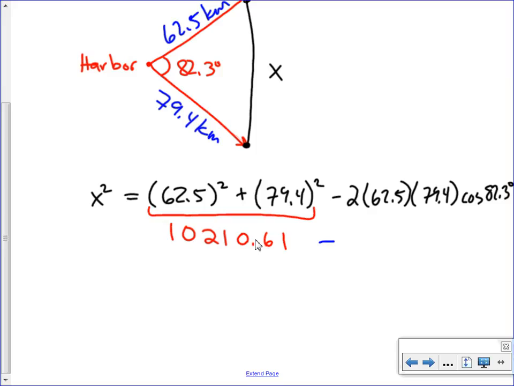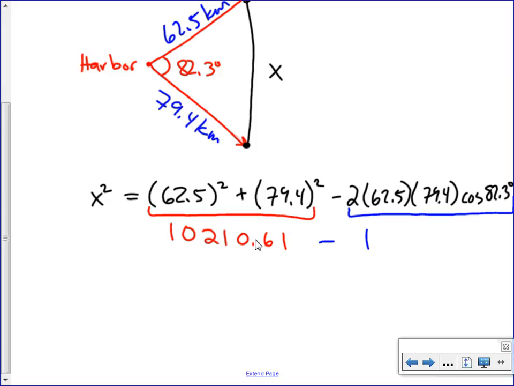Minus 2 times 62.5 times 39.4 times cosine 18.3, equals. It starts with a 1.